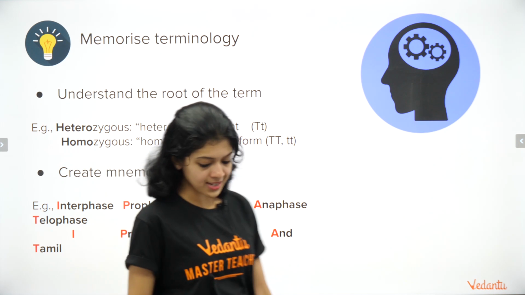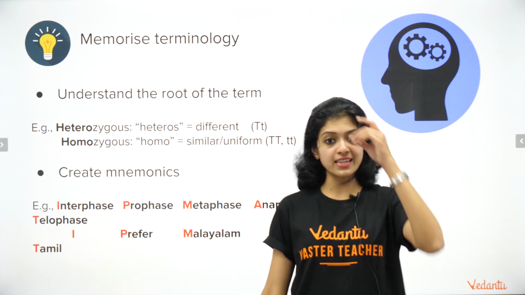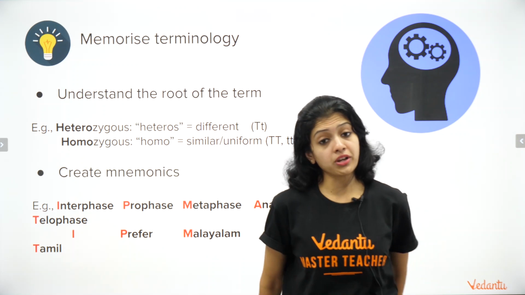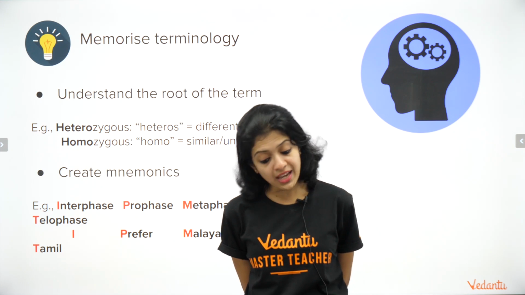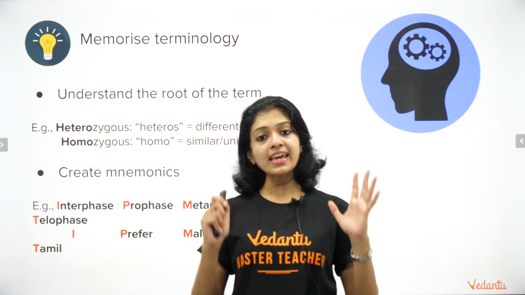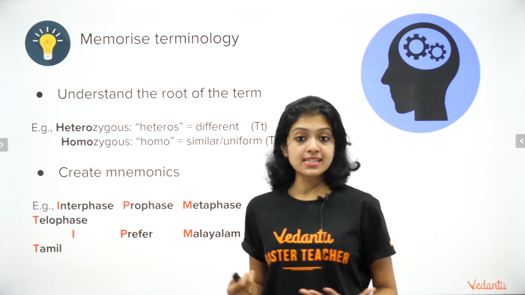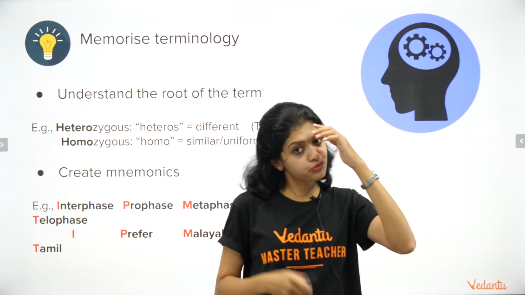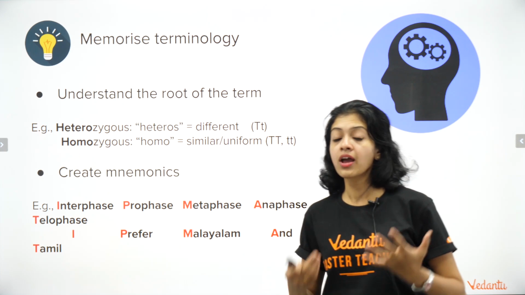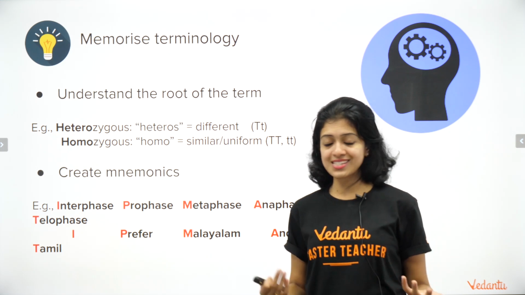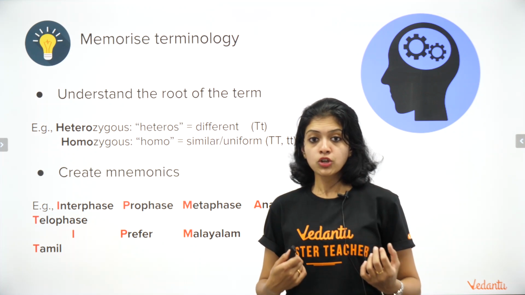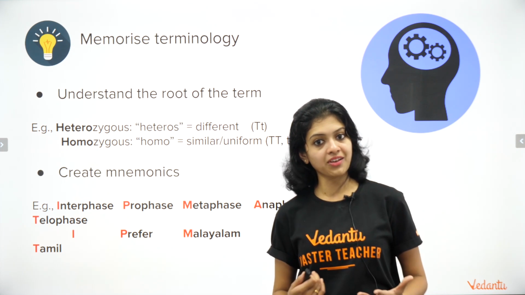Now, another tip, definitely you would have heard of these before. Creating mnemonics. They work very well for biology, and they work well especially when you have to remember something in a sequence, right? For instance, the example that I could think of for telling you today are the stages of mitosis. As the stages of mitosis or meiosis, you need to remember them in an order, right?